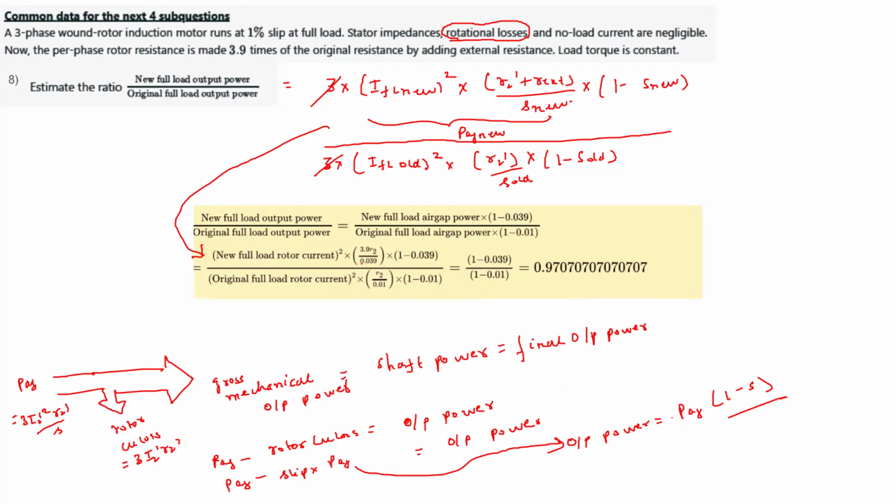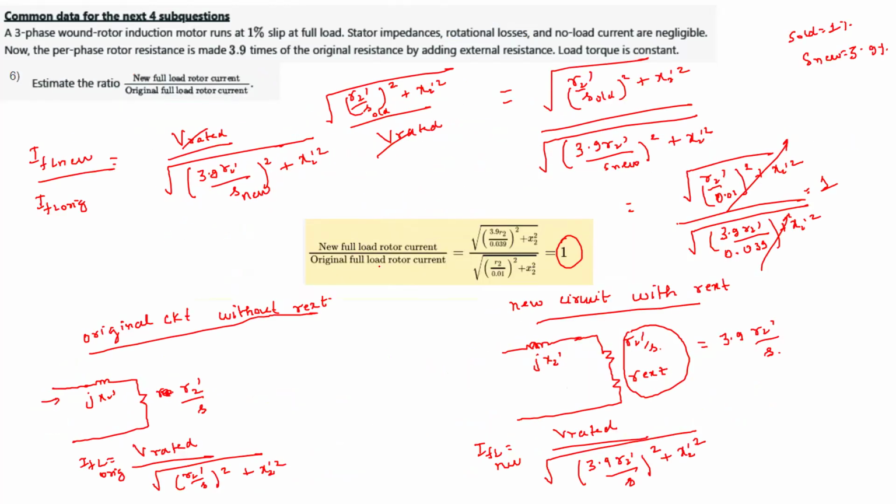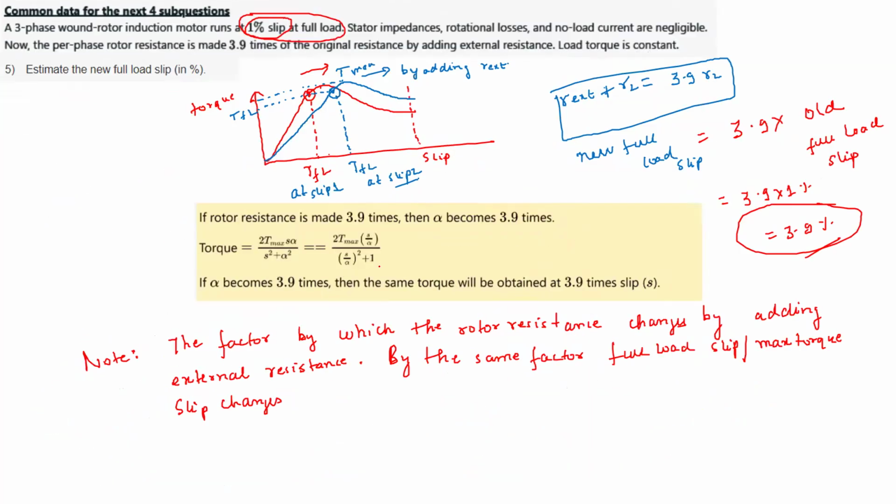In the question it is said that R2 dash plus R external is 3.9 times R2 dash. So we write it as 3.9 into R2 dash by S new. S new we have seen is 3.9%. We have seen that here in the full load torque, full load slip.